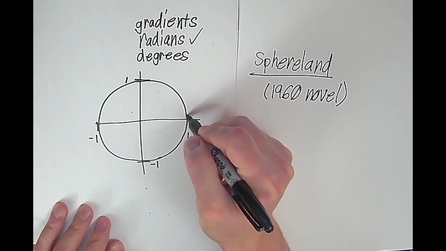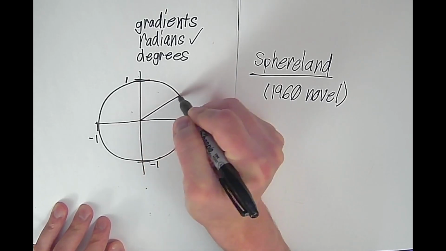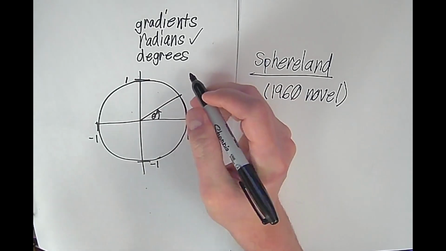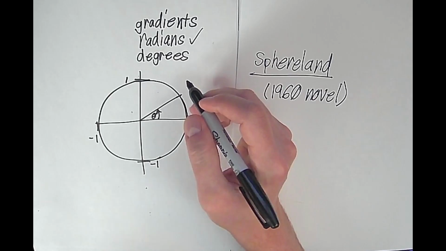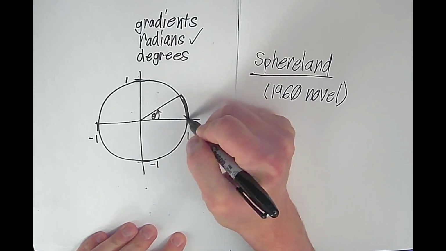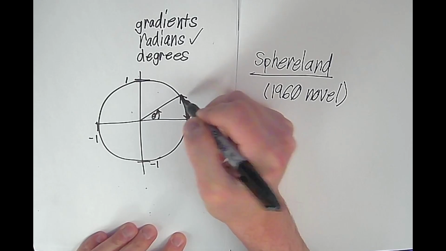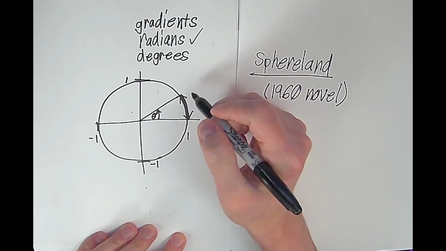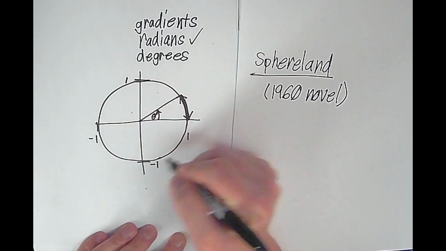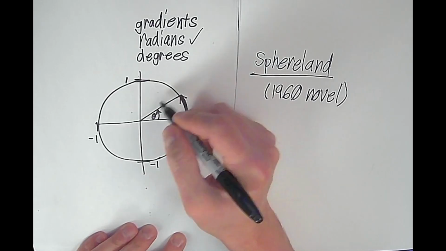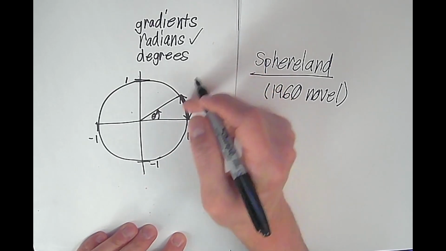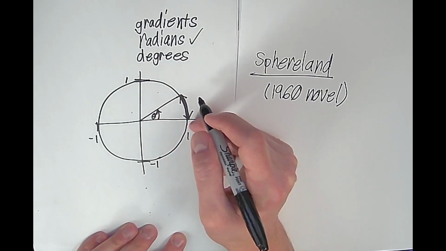Because as you go around the unit circle, at say an angle of theta, the length of the arc is going to be measured in radians. And if you go around the entire circumference, then the circumference of the unit circle is 2 pi radians. So it makes it very, very convenient to work with.